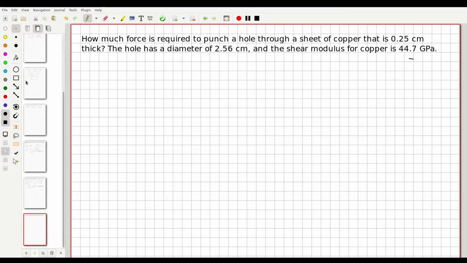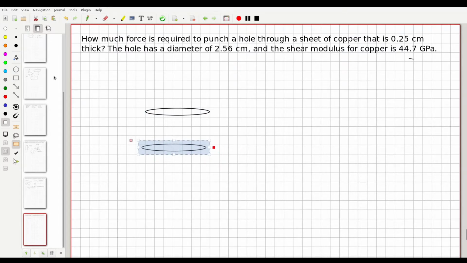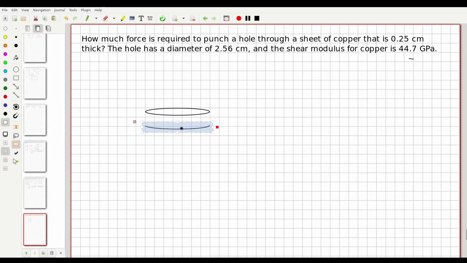So what we have here is a disc of material that we want to punch out. Let me clean this up a little bit to make our disc. This is what to punch out.